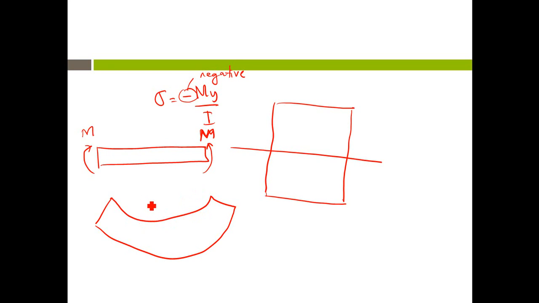If you do sectioning here, because the moment is applied in this direction, this is the bending moment, M. So that's the beam.